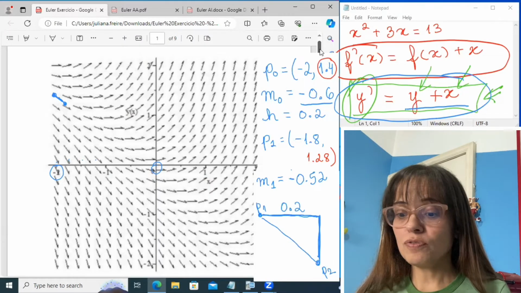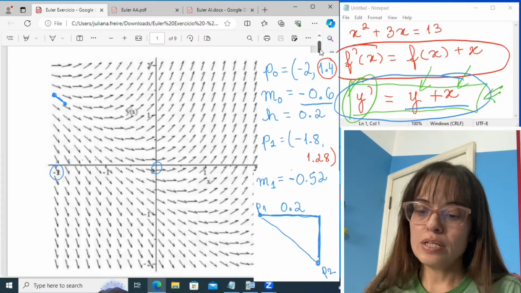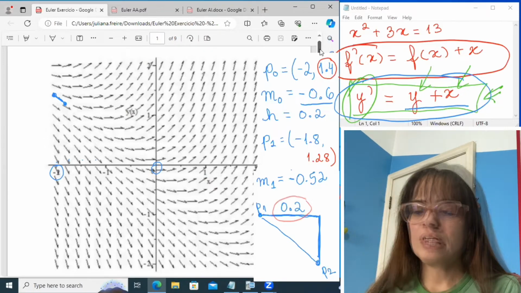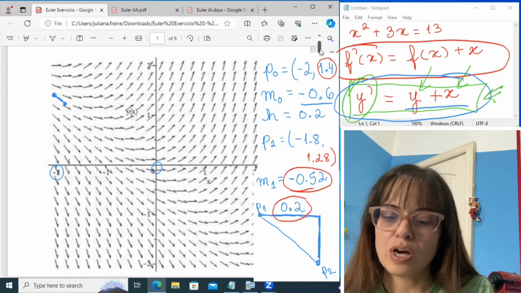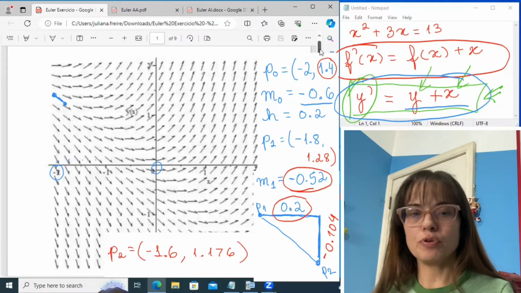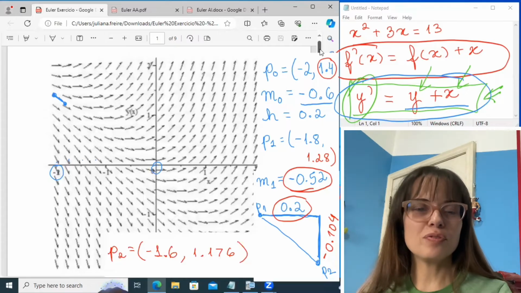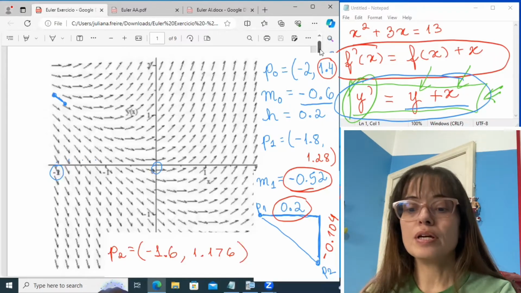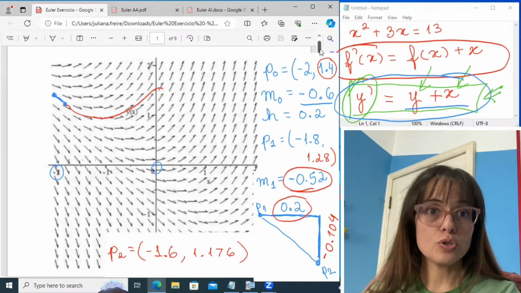And again, in order to find the length of the vertical leg in this triangle, it is just the run times the slope, which is going to give us the rise. And putting all of that together, you get the coordinates of point P2, and then you do it again and again, however many times is necessary in order to reach as far to the right as you want to go.